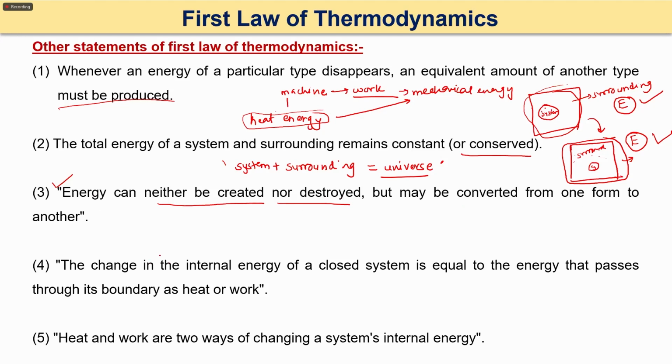Next one: the change in internal energy of a closed system is equal to the energy that passes through its boundary as heat or work. This statement says that the change in the internal energy of a closed system, that is delta U, is equal to the energy that passes through its boundary as heat or work.